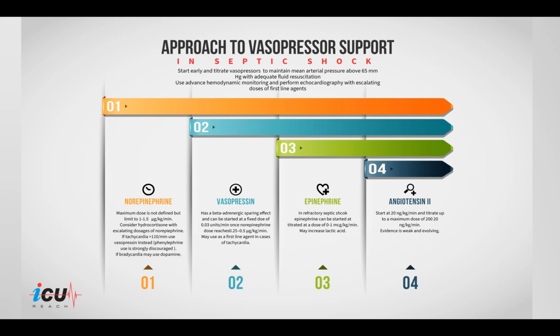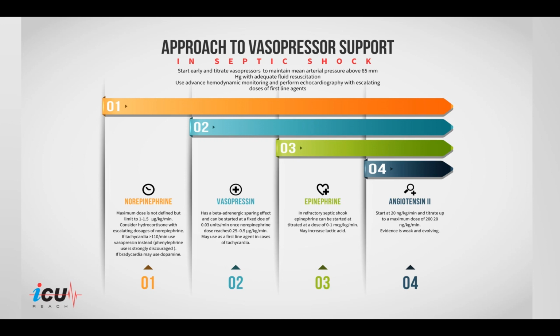Now, the second agent that you add is vasopressin. It has a beta adrenergic sparing effect, and we start at a fixed dose of 0.03 units per minute. We do this once we reach on the norepinephrine a dose of 0.25 to 0.5 microgram per kg per minute.